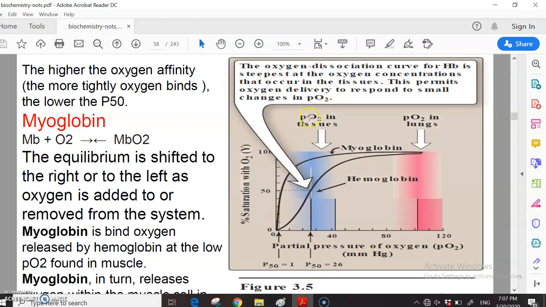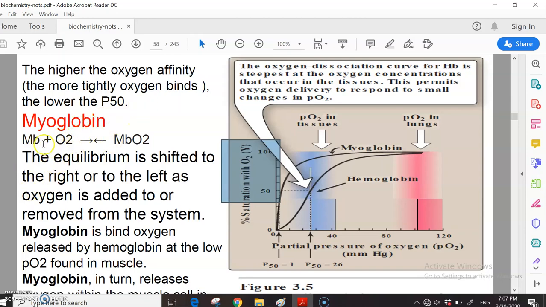In the tissue the pressure is very low, so hemoglobin will release these oxygens and myoglobin will bind these oxygens. The higher the oxygen affinity, the more tightly the oxygen binds, the lower the P50 or pressure 50.